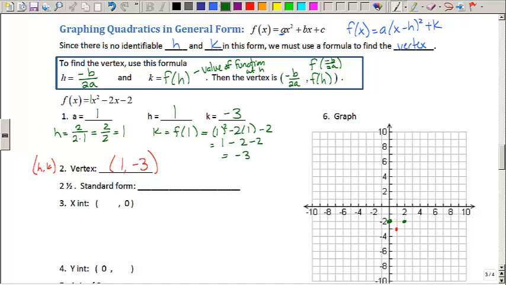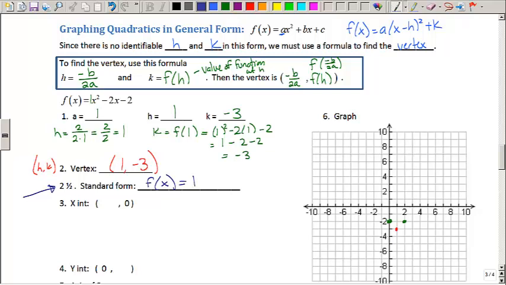Notice I added an extra little step here. I snuck in the step 2.5. The reason I stuck an extra little step here is because it's easier to have the equation written in standard form. And now that you know your h and k, you can rewrite your function from general form into standard form. F of x is equal to a, and my a was 1.